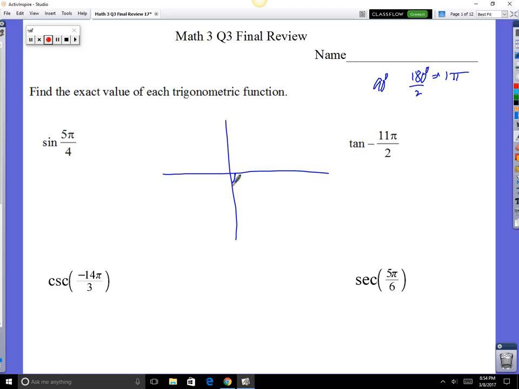So there's 1 90, 2 90s, 3 90s, 4 90s, 5 90s, 6 90s, 7 90s, 8 90s, 9 90s, 10 90s, 11 90s. It's going to stop right there. So negative 11 times 180 divided by 2 in degrees. Let's see if we match up.